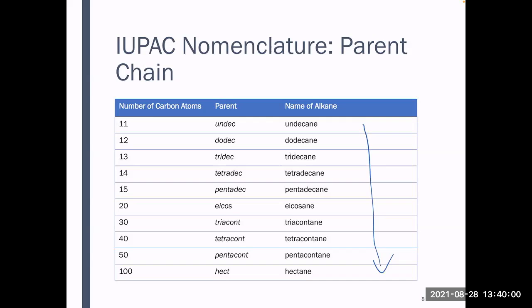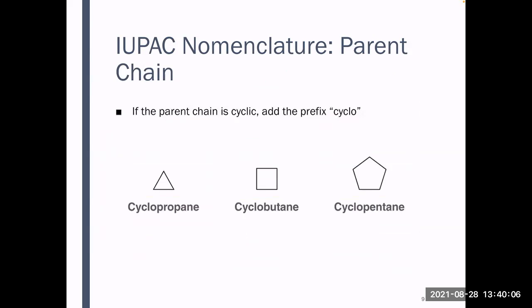Usually we live within 1 to 10 carbons, but there are names beyond that. If the parent chain is cyclic, you just add the prefix cyclo. So here I have 3 carbons, so that's propane. And since it's cyclic, I add cyclo to the beginning. So this is cyclopropane, cyclobutane, cyclopentane.